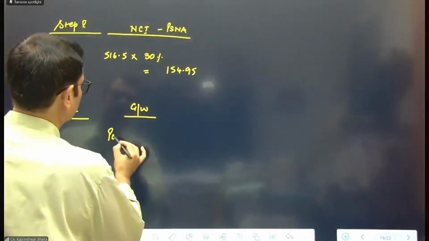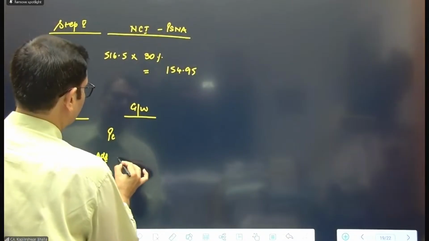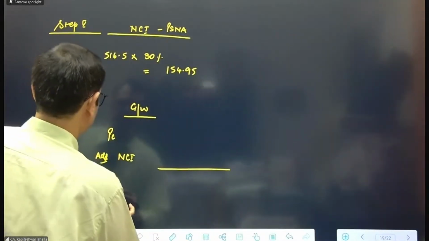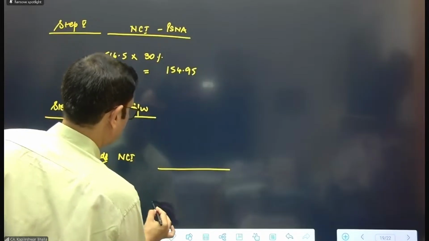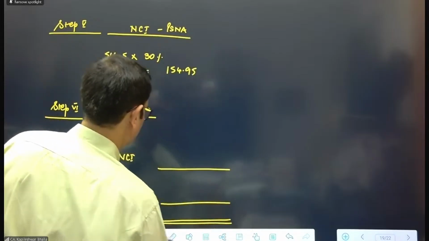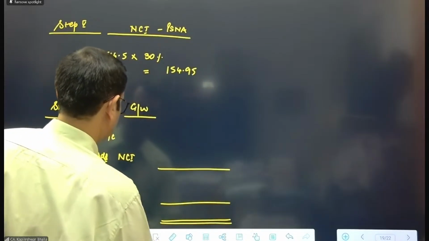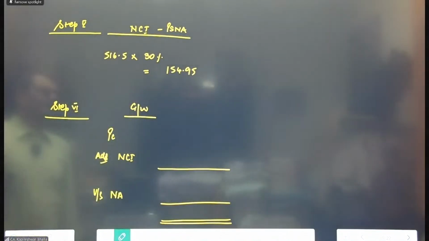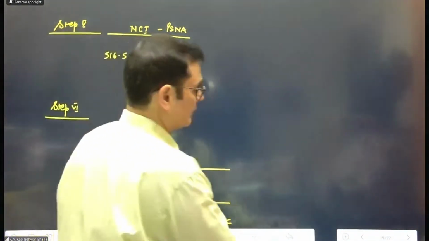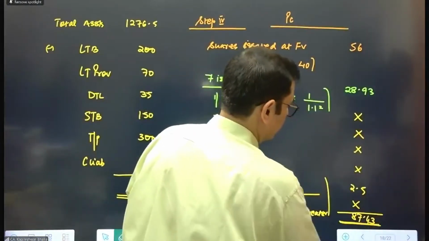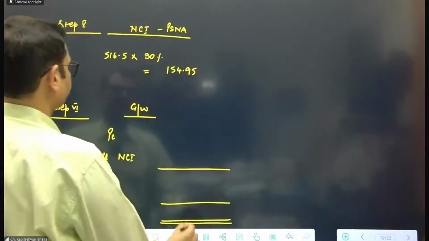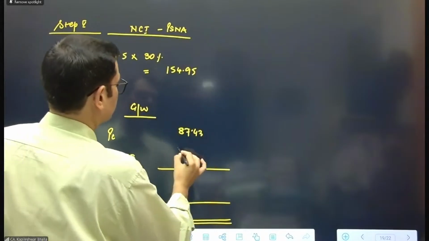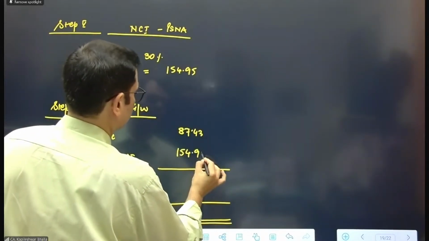Take the purchase consideration, to which you add the NCI, compare this with the net assets, and you get the goodwill or the capital reserve. Let's see what it comes to. So purchase consideration already computed, 87.43. NCI is 154.95.